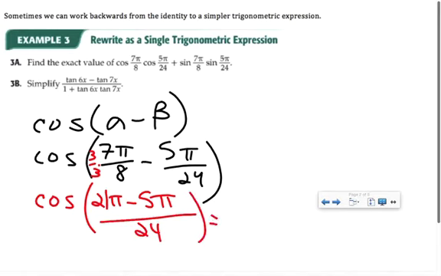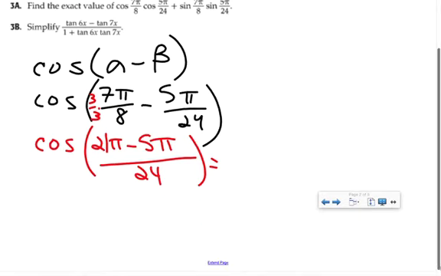So that's the cosine of 16 pi over 24. So cosine of 2 pi over 3. Well, that's just the x-coordinate at 2 pi over 3, which is negative 1/2.